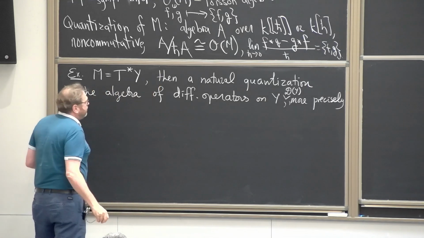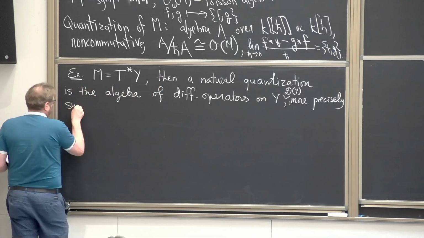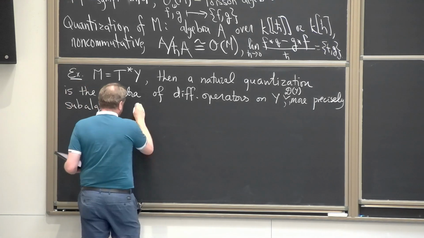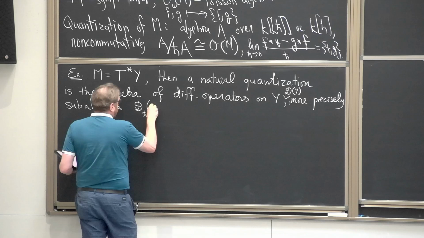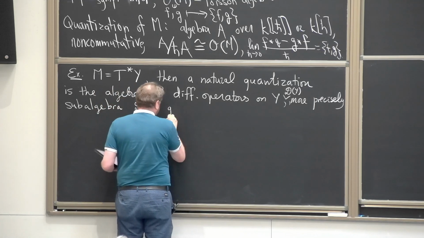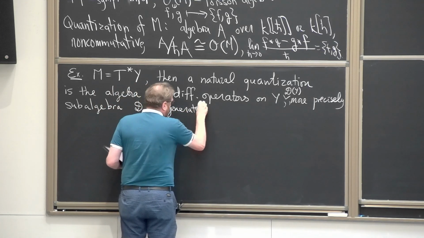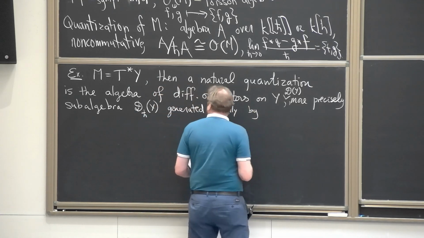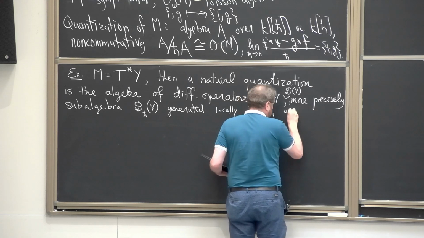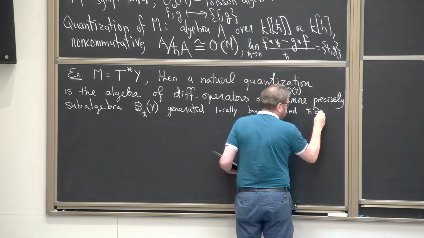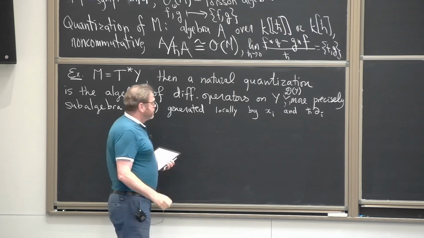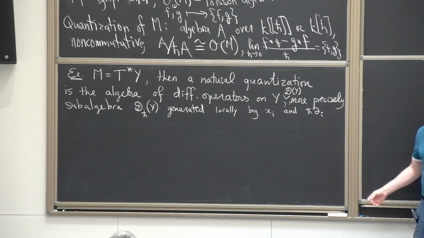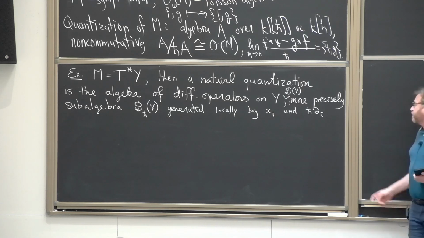It should have a parameter h: the subalgebra D_h(Y) generated locally by coordinates and h times the derivatives with respect to these coordinates. This corresponds to the standard yoga of quantization in quantum mechanics, where we replace momentum variables.